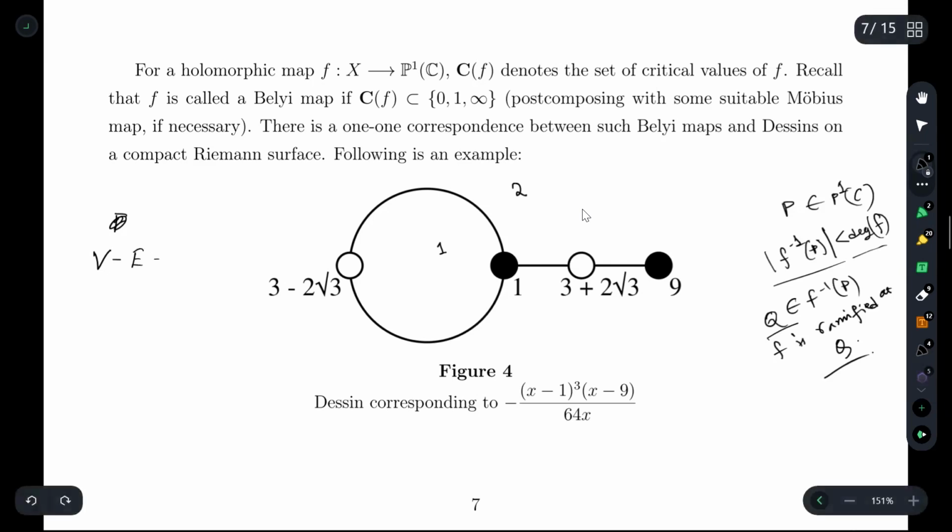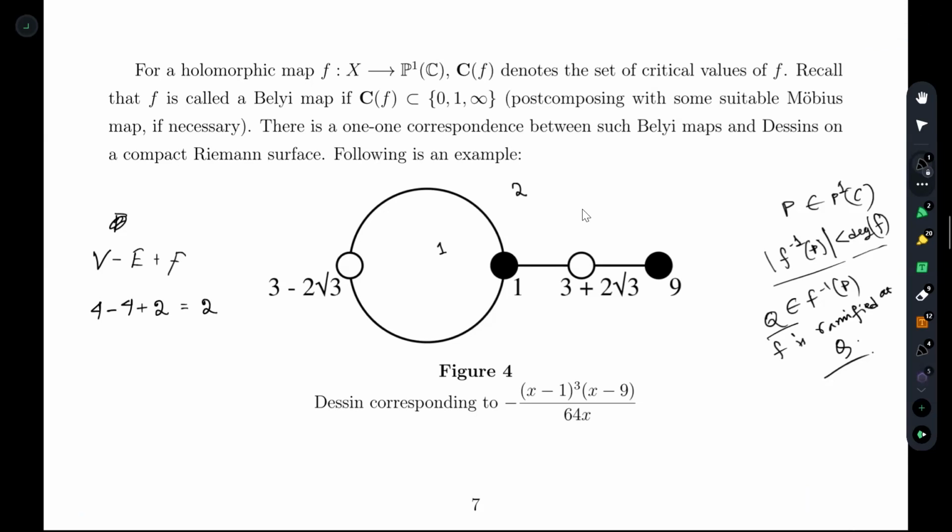So V minus E plus F, and there are 4 vertices. So 4 minus 4 plus 2 equals 2. And we know that the Euler Poincare characteristic is equal to 2 minus 2g for a compact Riemann surface.